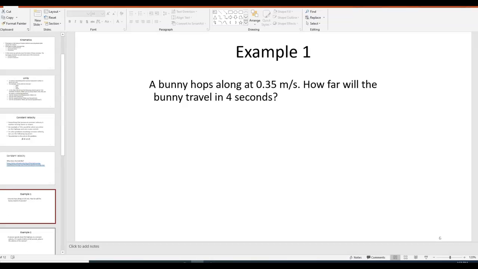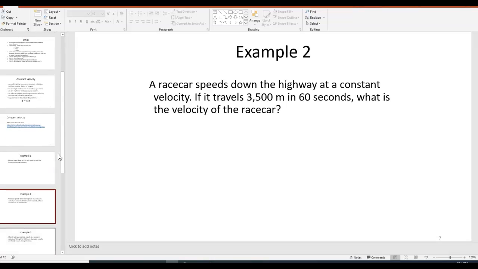Example 2 says a race car speeds down the highway at a constant velocity. By the way, I'm looking for those context clues all the time. Constant velocity, there's one equation for constant velocity, and that's the d equals v times t equation. If it travels 3,500 meters, again, I'm looking at the unit.